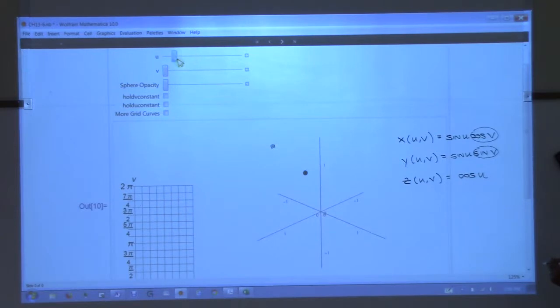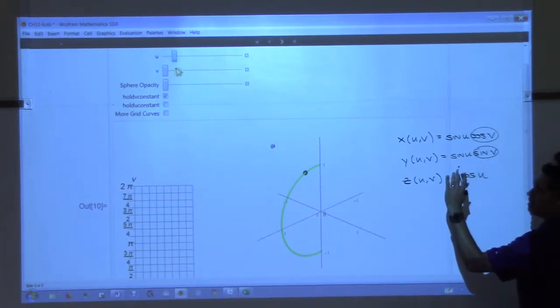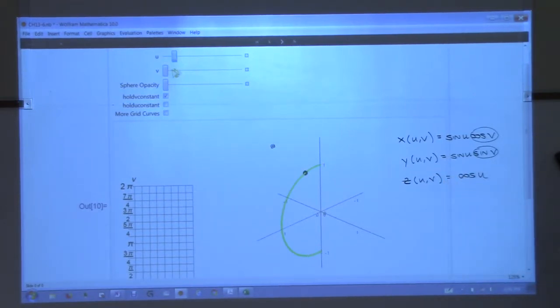Okay, kind of hard to see what happens there. So what I'm going to do is hold v constant and show you what happens as I change my u. It's going to draw that grid curve. And I'm fixing u to be between 0 and pi. So it draws me that piece of the sphere.